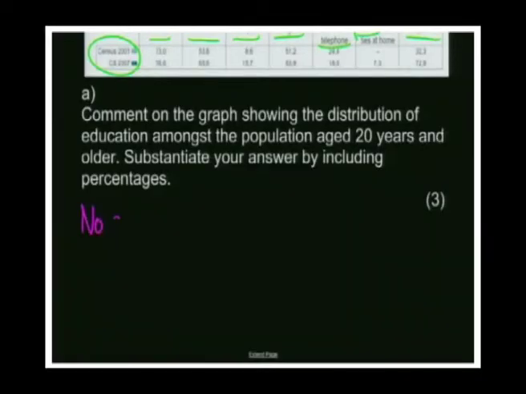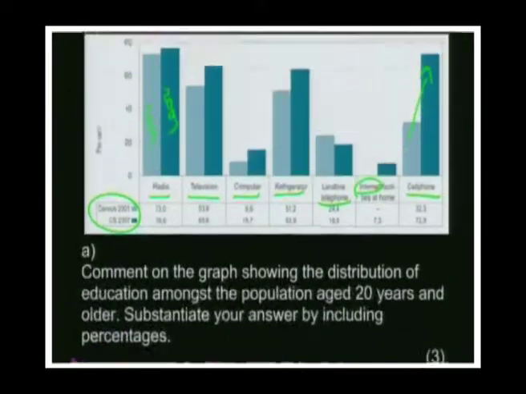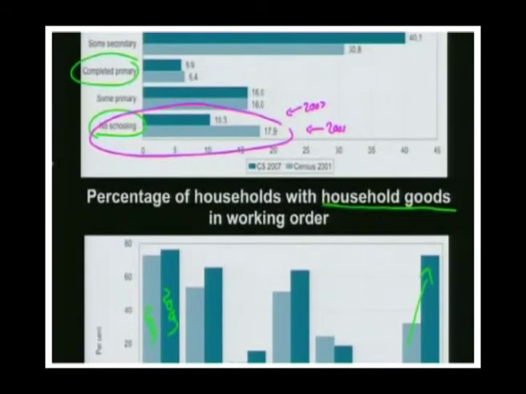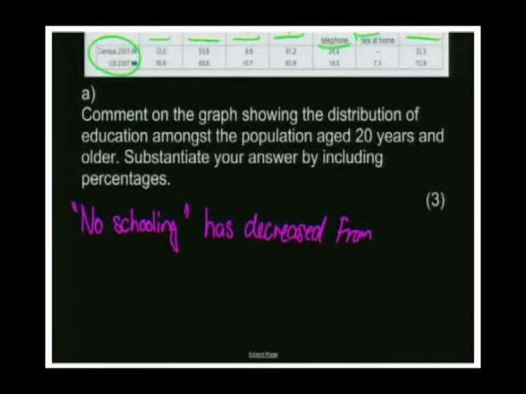So we can say here, no schooling has decreased from, what was it? 17.9% to 10.3%. And this is a very good thing.